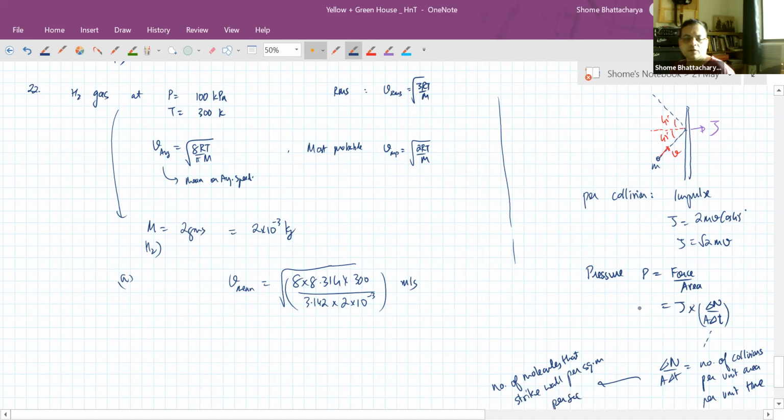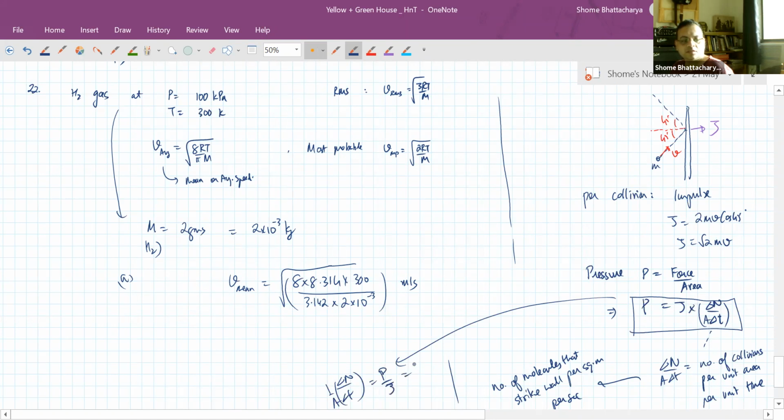That's only what we have to calculate. So this is equal to the pressure. So finally, this quantity will become pressure divided by impulse per collision.